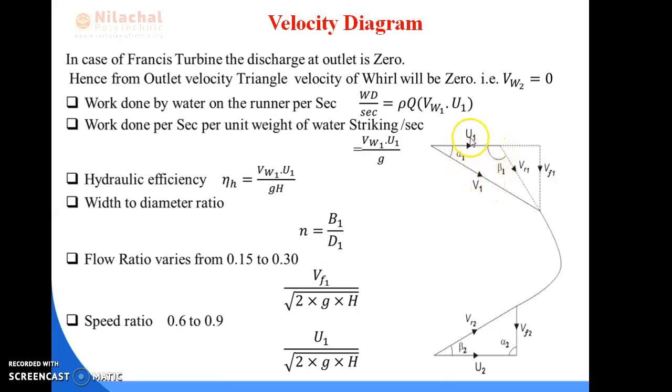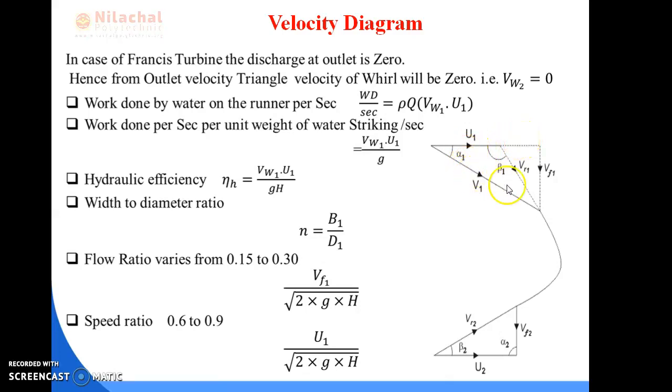Now this V1, U1 and VR1 make a triangle that is known as your inlet velocity triangle. While V1 is making an alpha, hence it has two components, one is VF1 and another is VW1.